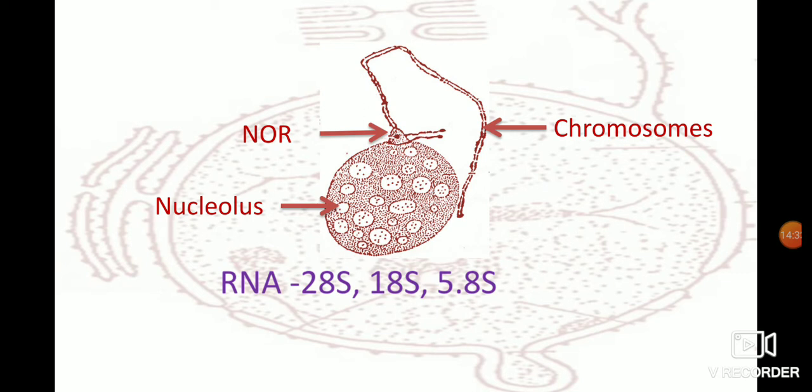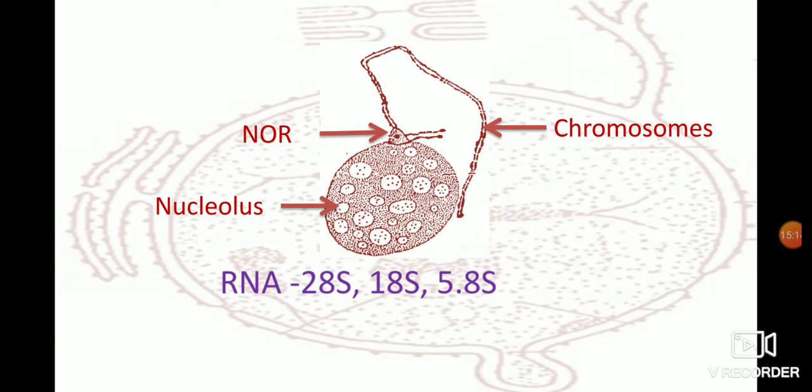These three types of rRNA molecules are used in the assembly of large and small subunits of ribosomes. 28S, 18S and 5.8S ribosomal RNA is transcribed by RNA polymerase 1 from the hundreds of tandemly arranged rDNA genes which are distributed on different chromosomes. The rDNA containing regions of these chromosomes cluster together in the nucleolus.